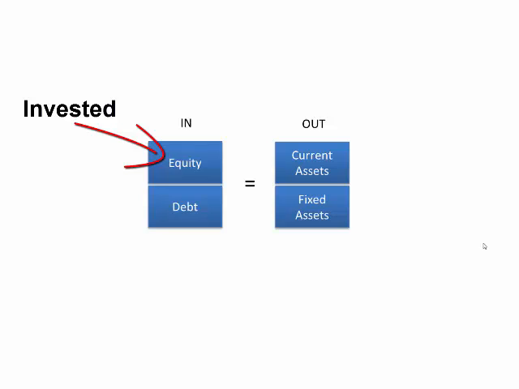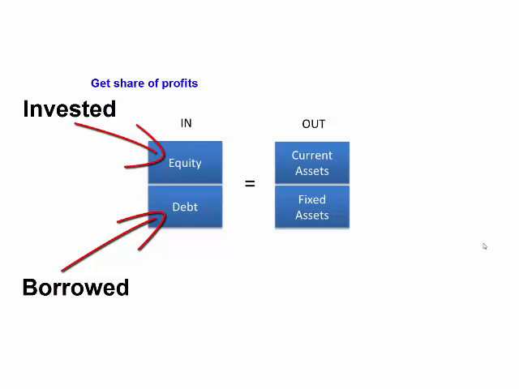That's called equity. The other bit can be money that is lent to the business, and that's called debt. Money that's invested is equity, money that is lent is debt. The key difference is equity holders share in the profits. Debt, people who lend money to the business, they get interest.